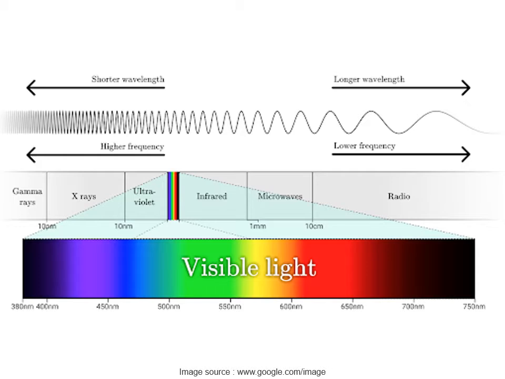Absolute zero temperature means 0 degree Kelvin, or minus 273 degree centigrade. So any body which has a temperature higher than absolute zero can radiate energy from its surface.